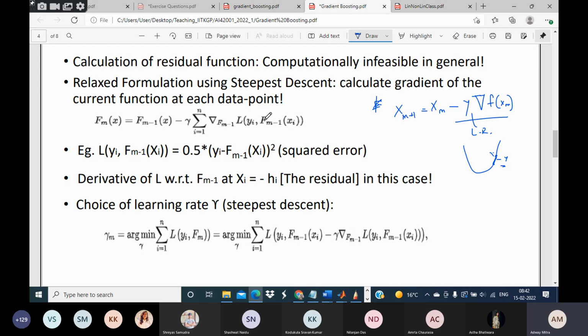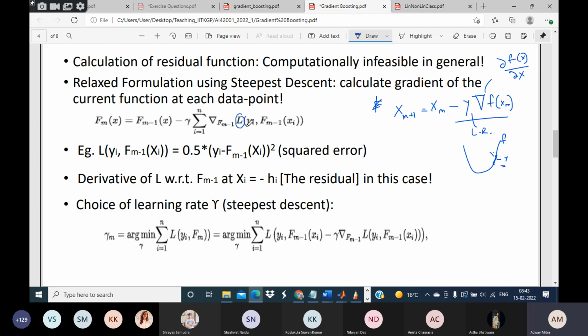Here the function which we are trying to minimize or optimize is this function f. So we are calculating its gradient with respect to x. This gradient which we are talking about is basically this kind of a thing. In this case, the function which we are trying to optimize is this loss function L.